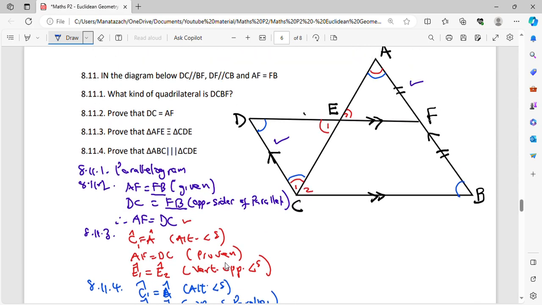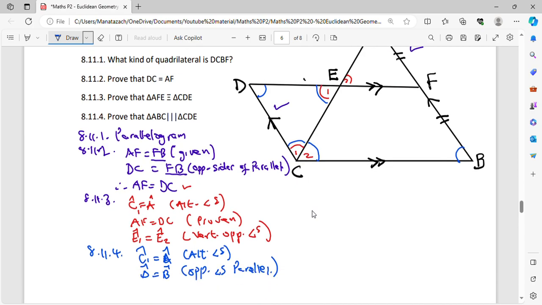That condition would be angle E1 is equal to angle C2. Those are alternating angles. So we can therefore conclude that since all three angles are equal, triangle ABC is similar to triangle CDE. The reason for that, angle, angle, angle.